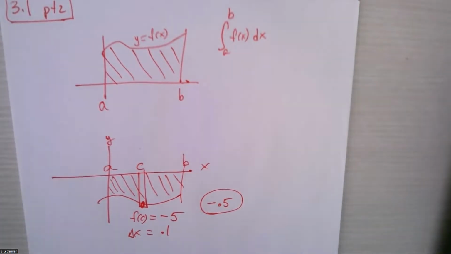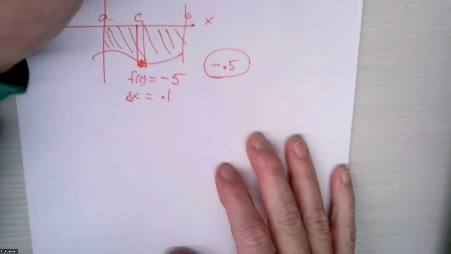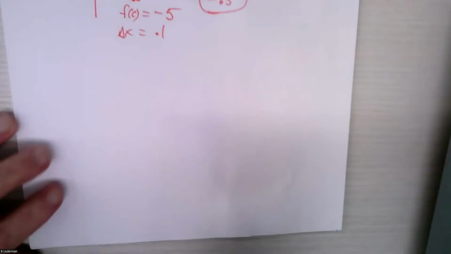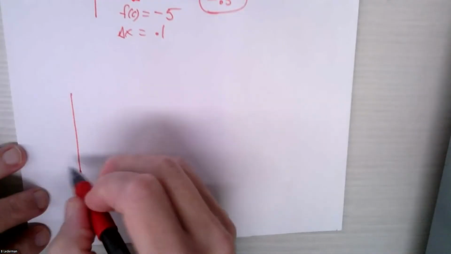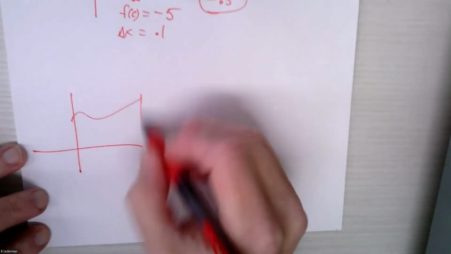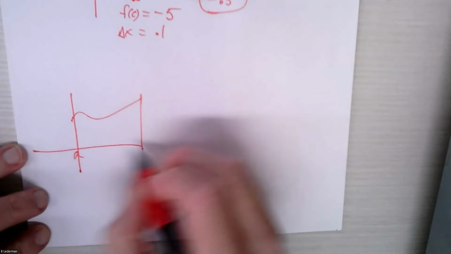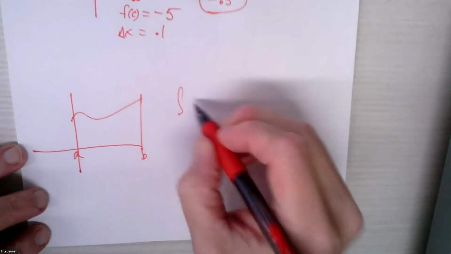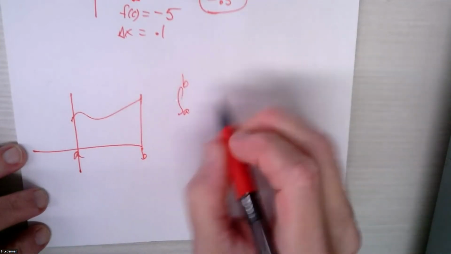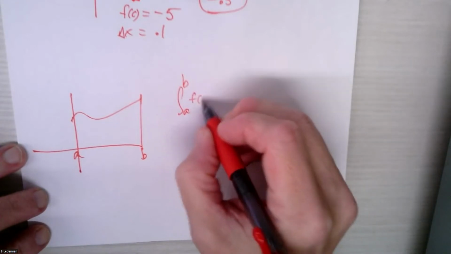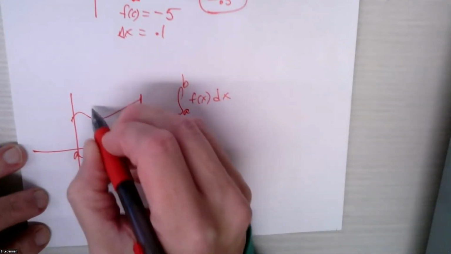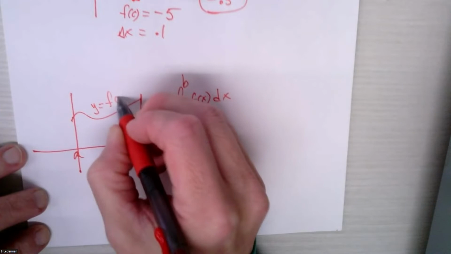Another thing, just to give an idea of how calculus works here: let's go back to my case of a curve that's above the axis. So that's A and that's B. I'm looking at the integral from A to B of f of x dx, where y equals f of x.